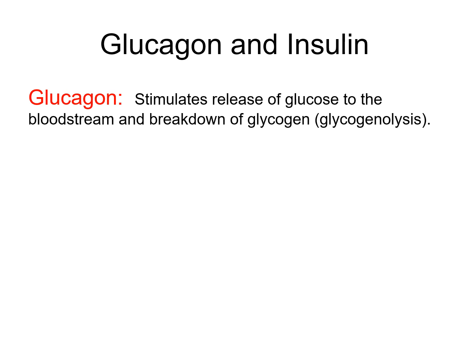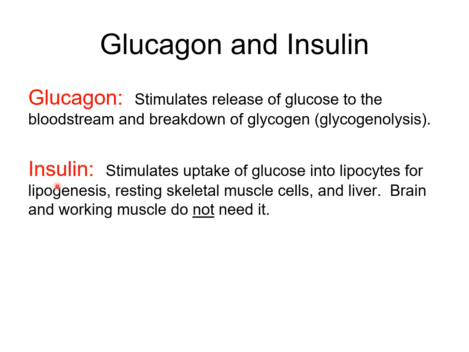And in the muscle, you'll break down the glycogen, but that's in order to serve the muscle. But the liver will also break down glycogen and release it into the bloodstream, and that's mediated often by this hormone glucagon. Then you have insulin. Everybody knows about insulin for diabetes. This triggers glucose uptake.